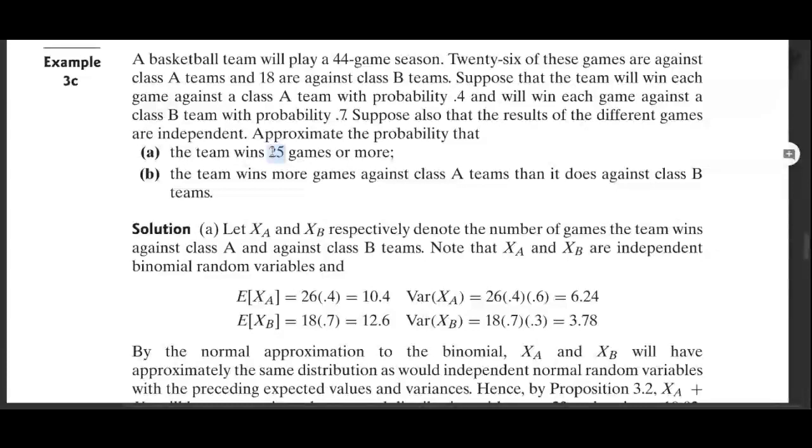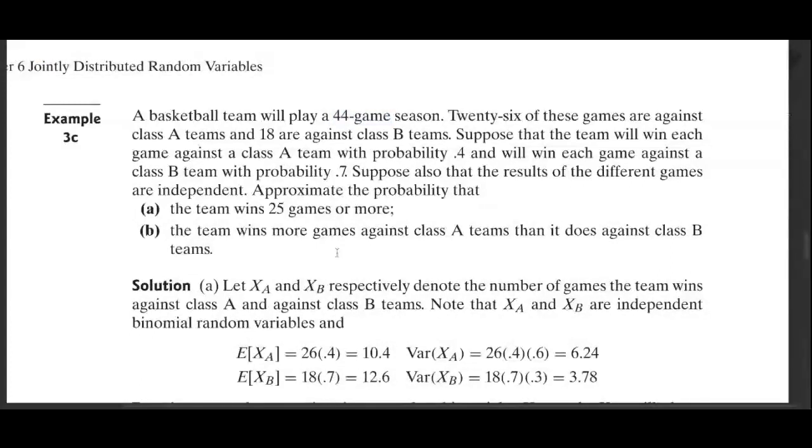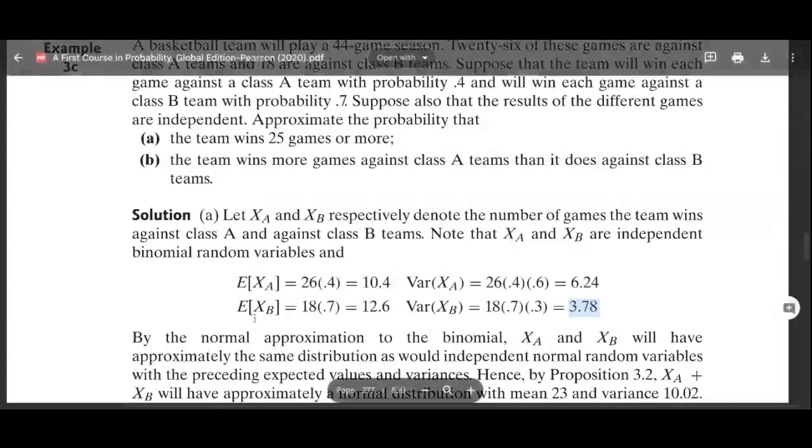The variance is 26 times 0.4 times 0.6, that is, p and 1 minus p, which is 6.24. For XB, there are 44 minus 26, that is 18 games. So the expected value is 18 times 0.7, and the variance is 18 times 0.7 times 1 minus 0.7.